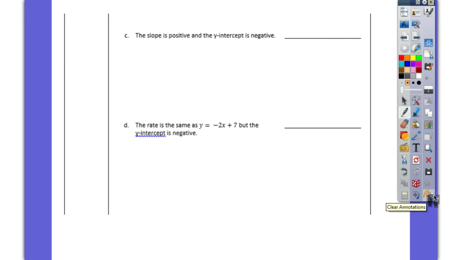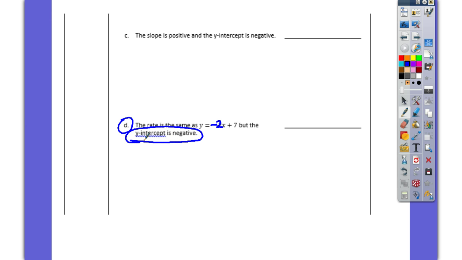All right, D. The rate is the same. What is the rate again? The rate of change is also known as our slope. What's our slope in here? Our slope is just a -2. So the rate is the same as that equation, but the y-intercept is negative.